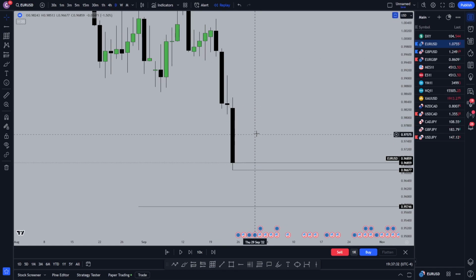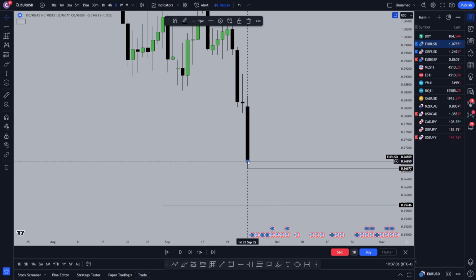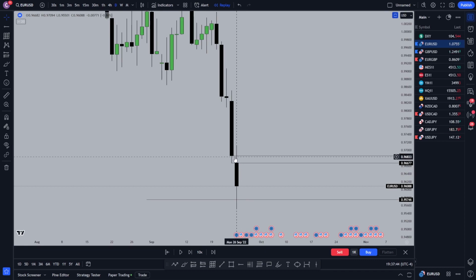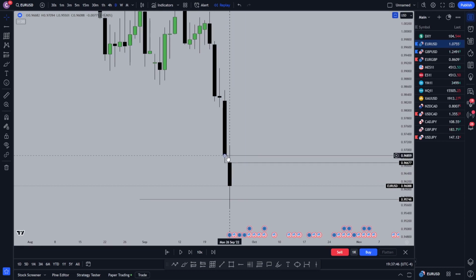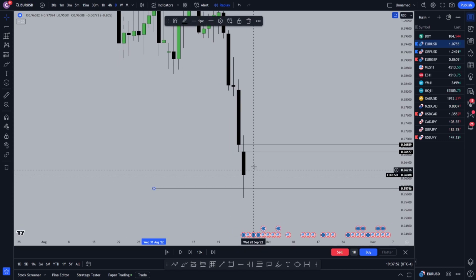Probably not. Okay, so I'm looking for price just to come into the close and then go for previous day's low and potentially this objective I've marked down here. So let's see what we get. Okay, so price came up into the close, previous day's low, and we've gone to this main objective.